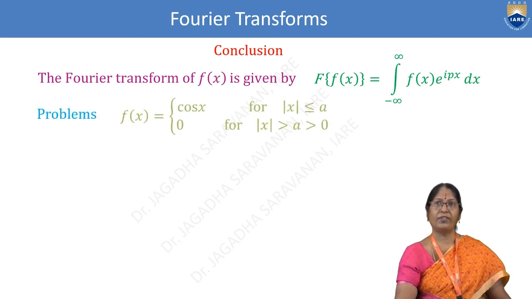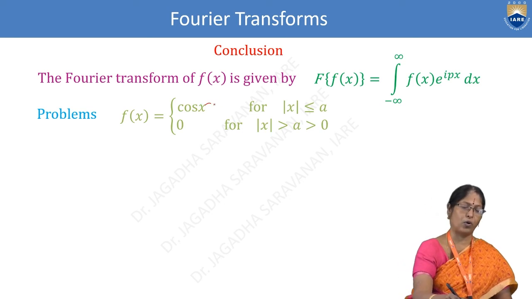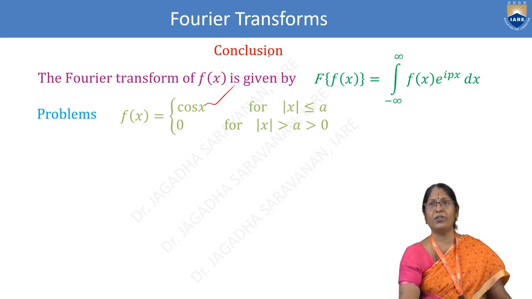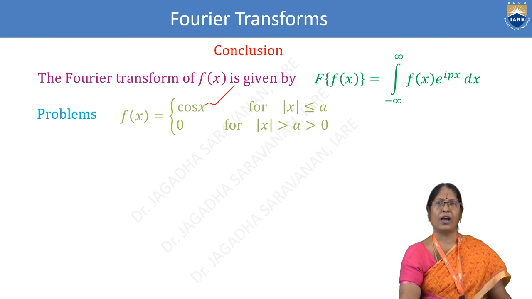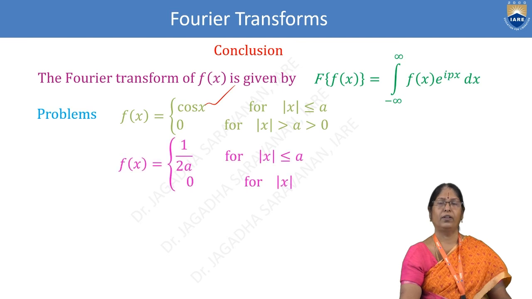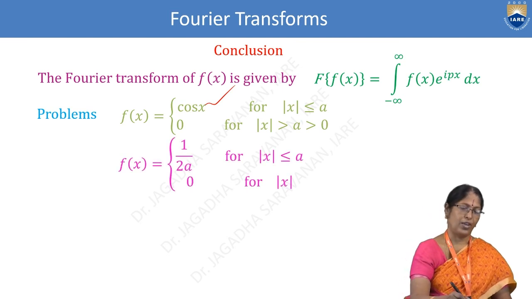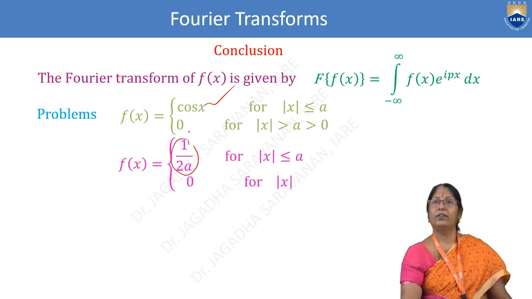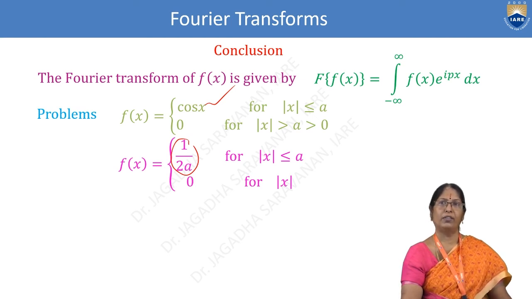Problems we concentrated on: the first one, the function f of x equal to cos x, the trigonometric function, we solved in detail. Next, we have taken 1 by 2a, a constant function, as the second problem.